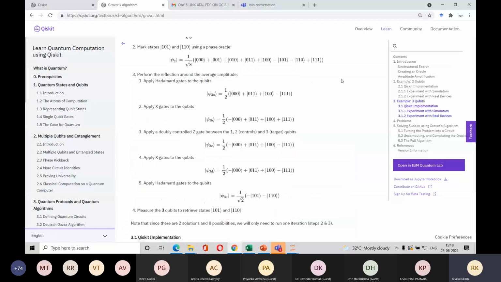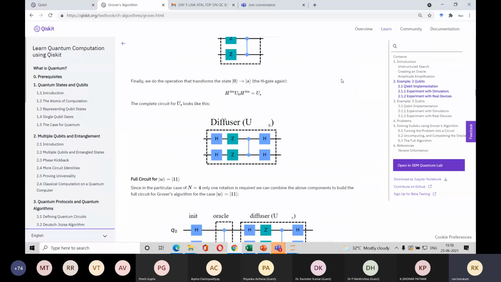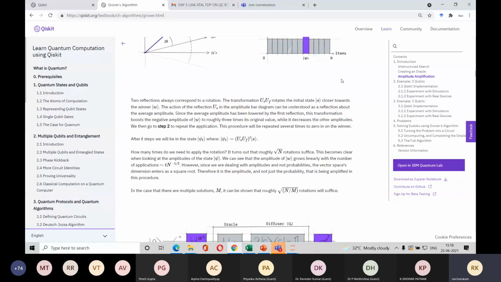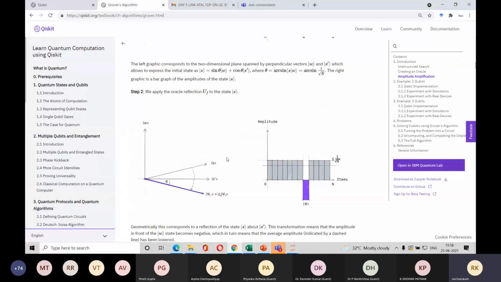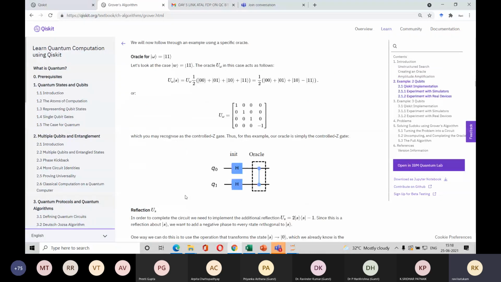Basically, it looks at all the phases, and the one phase where the candidate is this particular state, it will amplify. It takes the reflection first and then the amplitude. So it will reflect here and then you see the amplification.